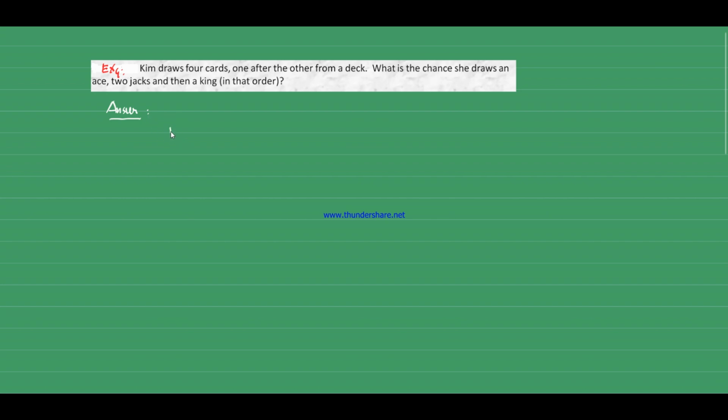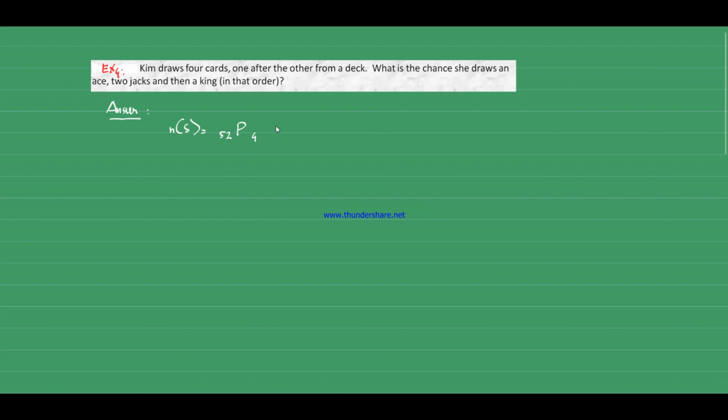Again, we're gonna find a sample space for us. You want to pick 4 out of 52. Oh, this is in order. I'm sorry. So this cannot be a combination. It must be a permutation, because they say an Ace first, then 2 Jacks, and then a King. So it must be in order.